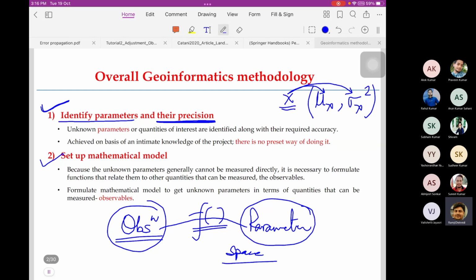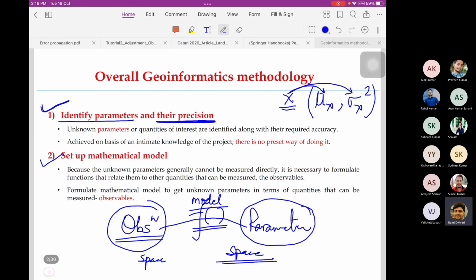We have to link these two spaces with a model space. So these are the three spaces which we have to take care of. One is observable space, another is parameter space, and you have to link them with a model space. So it's a very critical way of looking at what we are going ahead with.